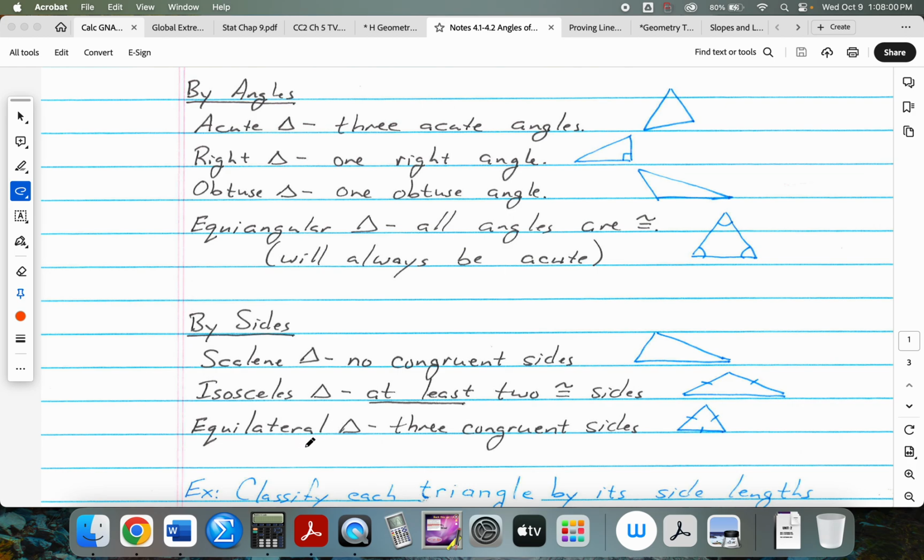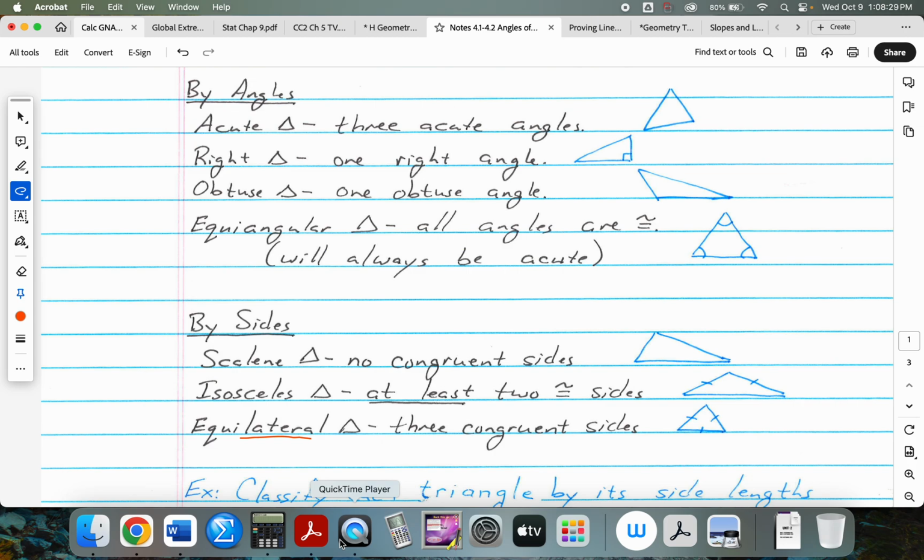So equilateral, again, notice EQUI, lateral means sides, just like you guys are taking world geography, right? So on a globe, the equator and the Tropic of Cancer and the Tropic of Capricorn and the Arctic Circle and all those are what kind of lines? Latitude.